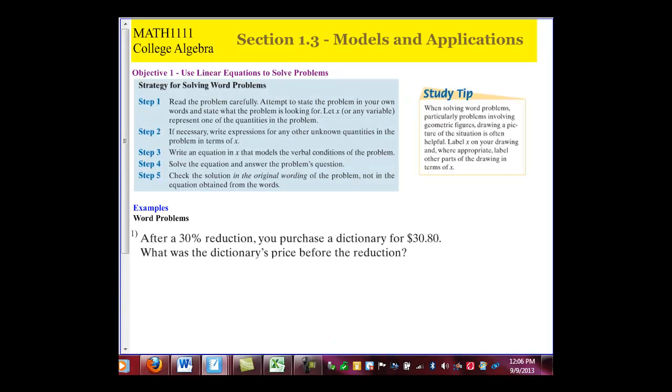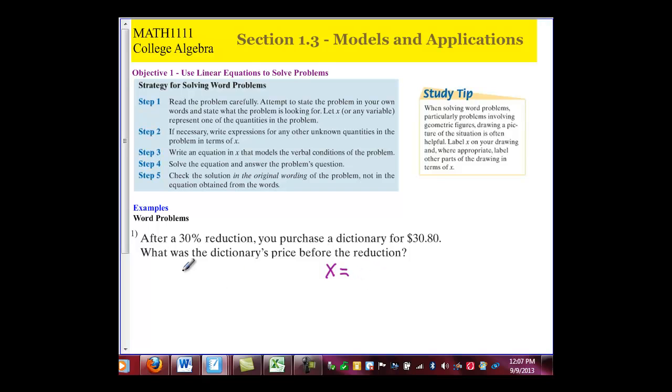Word problems. I know everybody's favorite. After a 30% reduction, you purchase a dictionary for $30.80. What was the dictionary's price before the reduction? First thing we're going to do, I'm going to pick a variable, and I'm going to pick what it represents.